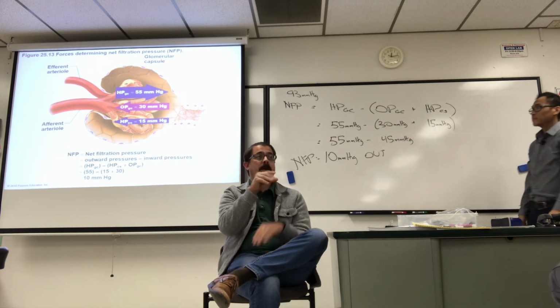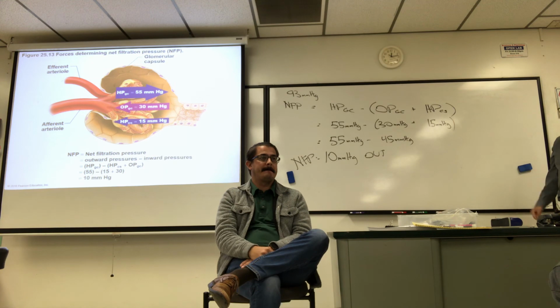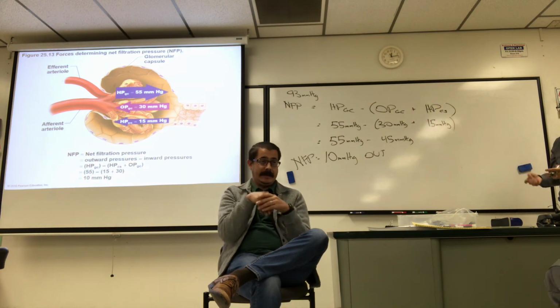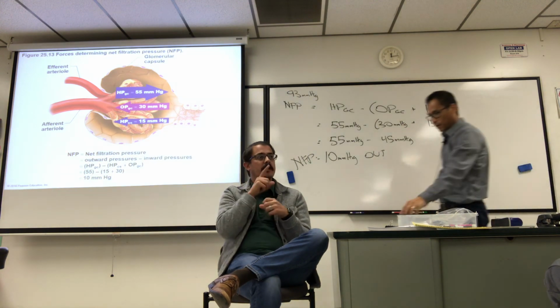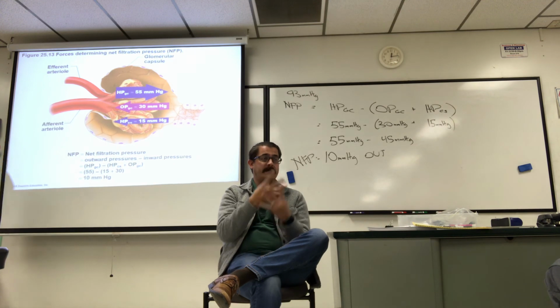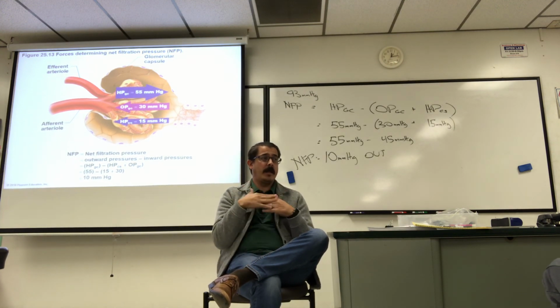That's the mathematical calculation in terms of just, okay, you have to force fluid out. But really, what you're doing is generating all of that filtrate 70 times a day. You're filtering your blood. That's what that really means. That's enough pressure to accomplish that.